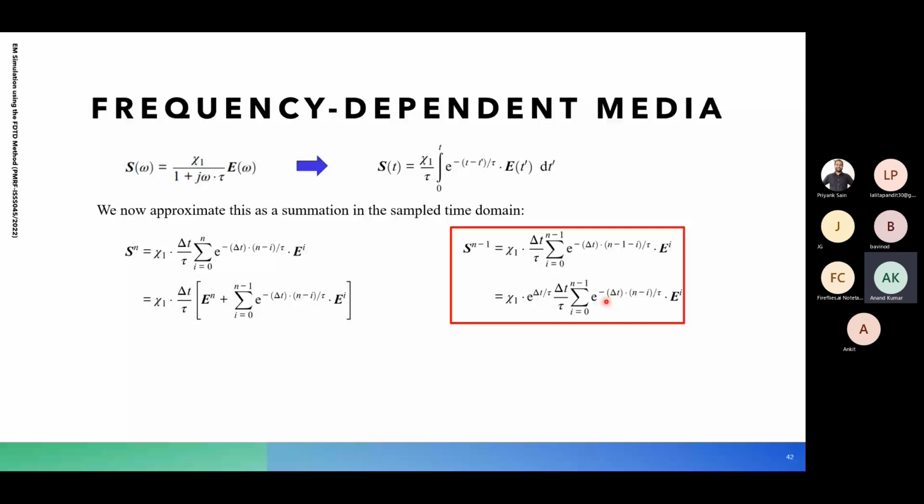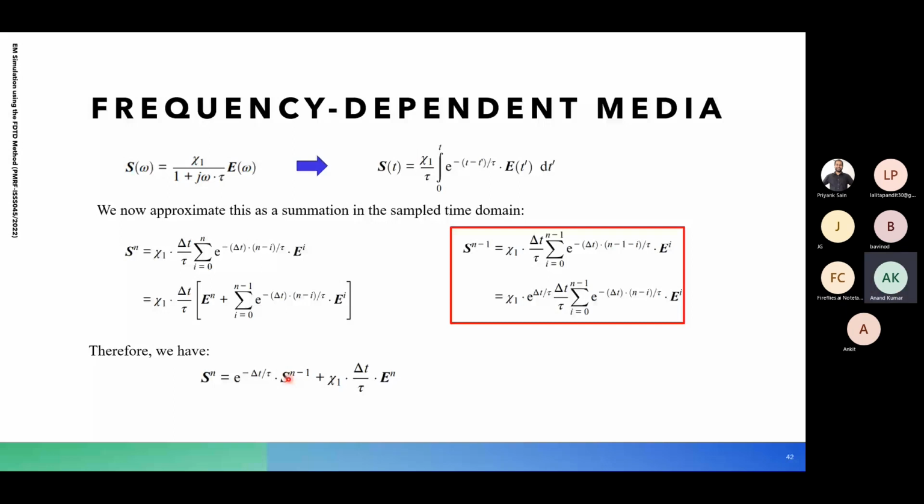Now we use this value and substitute it back into the first expression, and the final expression for Sn can be given simply in terms of the previous value of Sn and the current value of the electric field. So I'll pause over here.